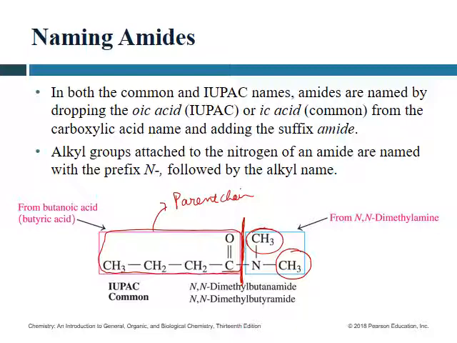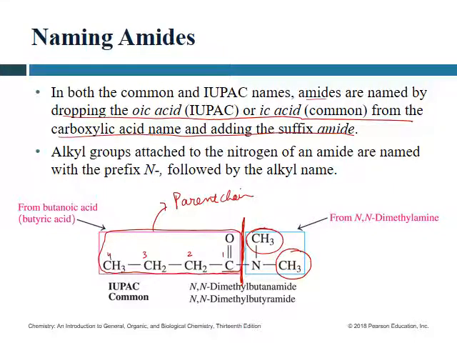So for instance, what would this parent chain be called? Amides are named by dropping the oic acid or the ic acid from the carboxylic name and adding the suffix amide. If I was naming this carboxylic acid, let's count the number of carbon atoms first: 1, 2, 3, 4.